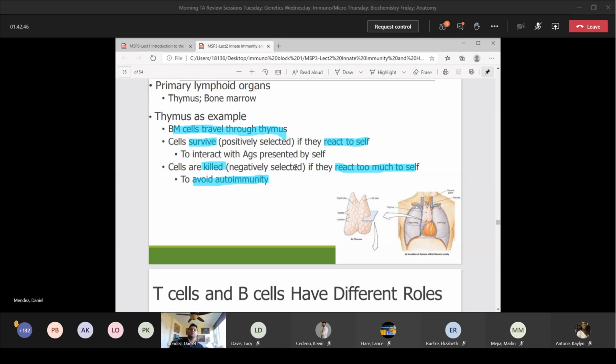It's reacting too much. So we need to kill that T cell before it gets out and goes throughout the whole body and causes an autoimmune issue. Does that make sense? Okay, yeah, thanks. We'll go over it a lot more, I think in lecture 4 and 5, where we go over the actual issues with education and the autoimmune issues that we get from that.